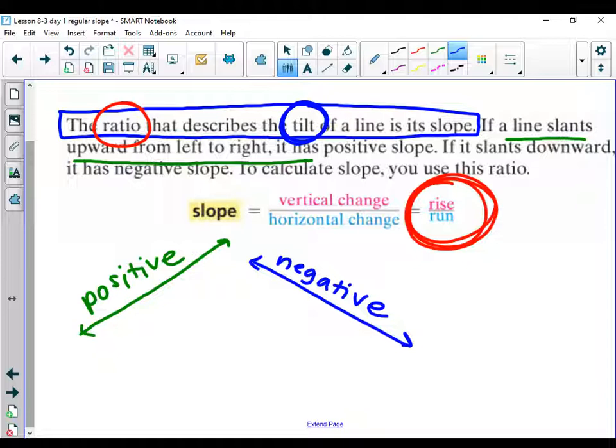Okay, so our goal then is going to be to figure out this rise and this run by looking at a graph. If you look at all of the rest of the page, it has graphs on it.